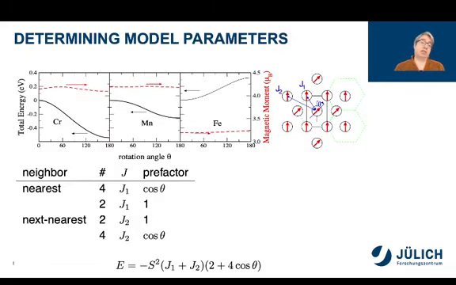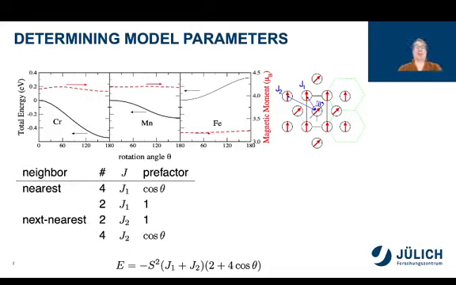So in determining model parameters, there are now different ideas. The simplest thing is that you could simply take your Heisenberg model, for example a Heisenberg model with two J parameters, so nearest and next nearest neighbor coupling.